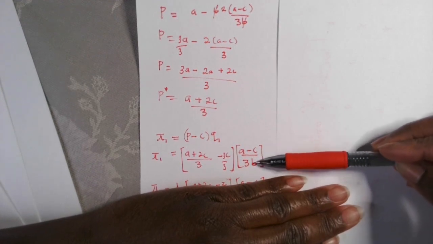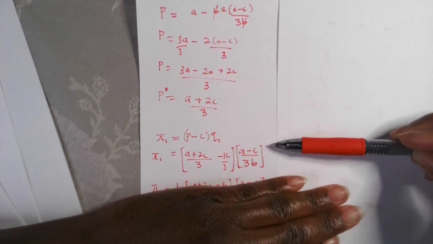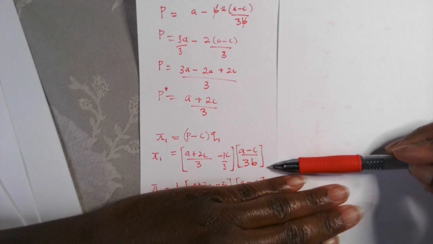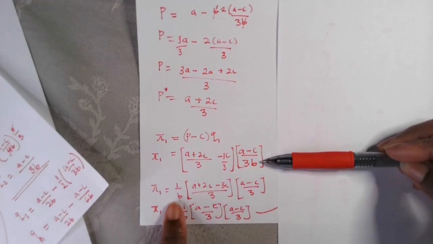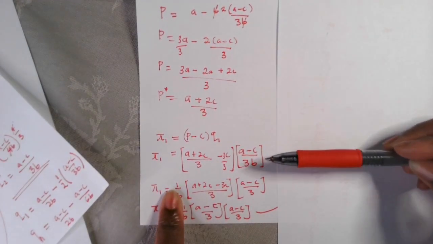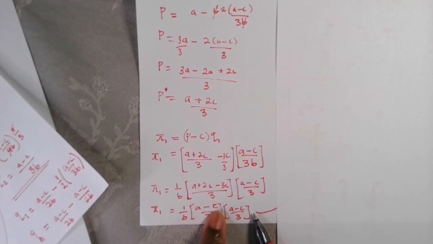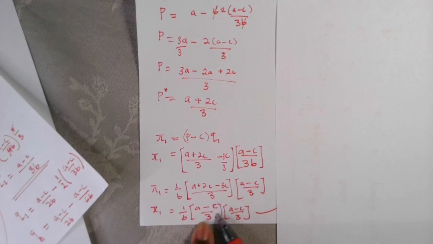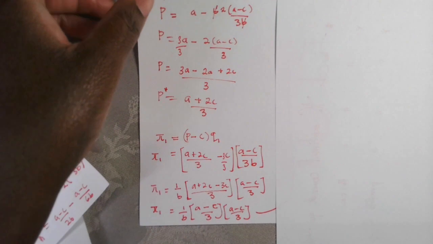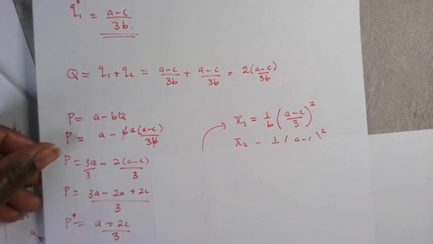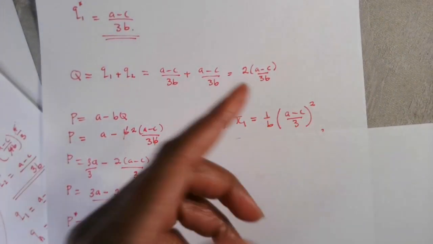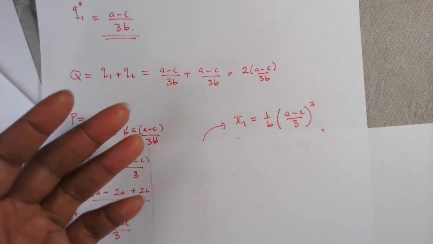I can pull this b out to multiply this whole thing by 1 over b, and that's what I did. I pulled that 1 over b out. That way, the final answer is a bit neater. It's a minus c over 3 times a minus c, so that will be squared, as you're thinking, yes. And that's how I wrote it. So this is much neater.